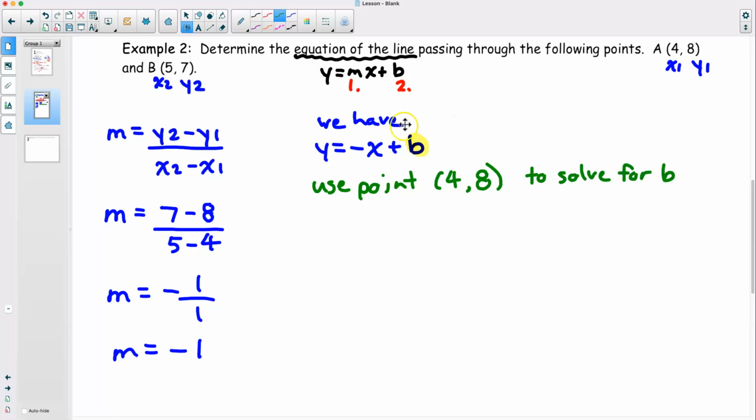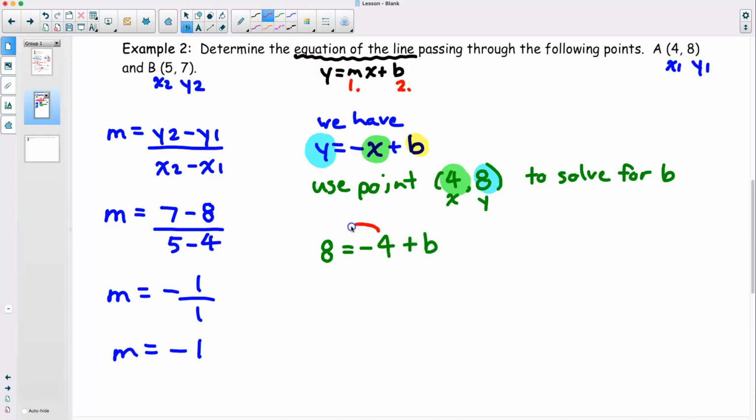for our b. Okay, so remember, this point here has the xy coordinate. Then what we're going to do is take this 4 for x and sub it in for x. And we're going to take this 8 for y and simply sub that in for y. So how we can write our new equation now is, instead of y over here, we have 8 is equal to minus our x value, which is 4, plus b.